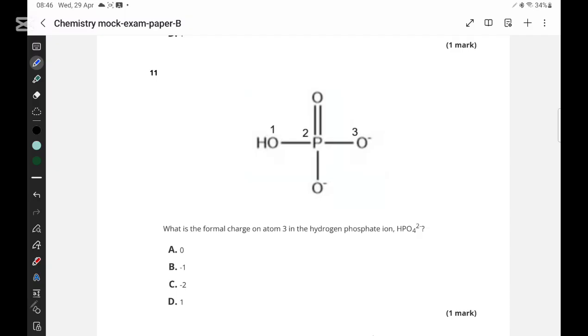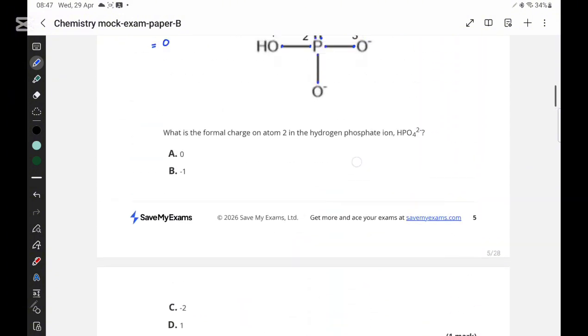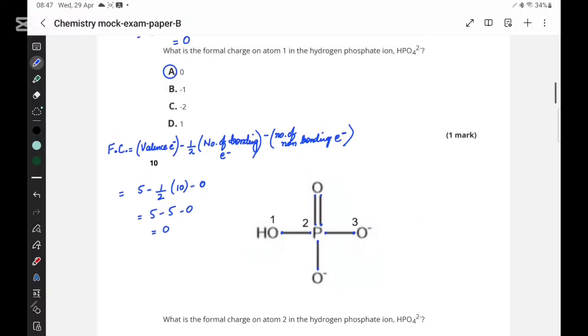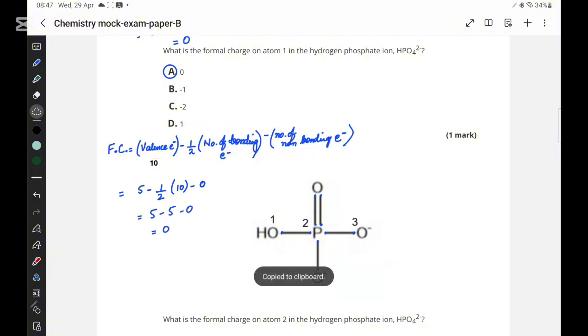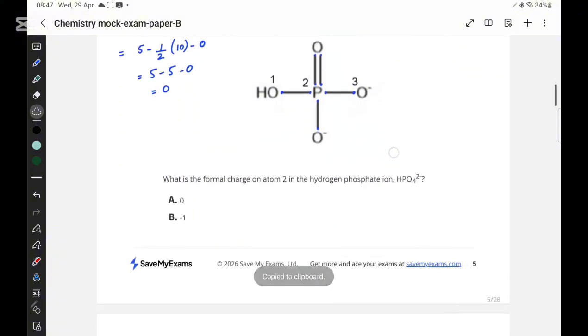For the next question, what is the formal charge on atom 3 in the hydrogen phosphate ion? So we have to find out the formal charge on this. The formula will be the same, so I'm going to copy the formula: formal charge is valence electrons minus 1 by 2 number of bonding electrons minus number of non-bonding electrons.